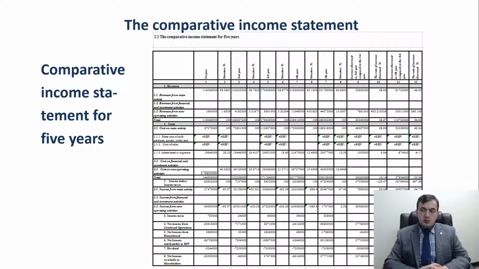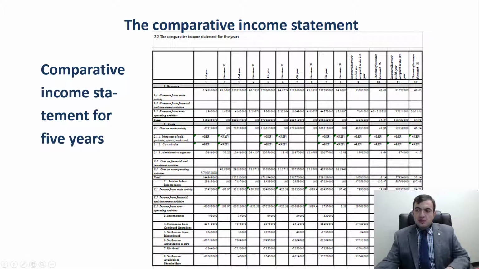So basically we will transfer the numerical data from the simple financial statements to this table, and we will put the information about revenues, costs, and income in the first year column, the second year column, and the third, fourth, and fifth year columns.